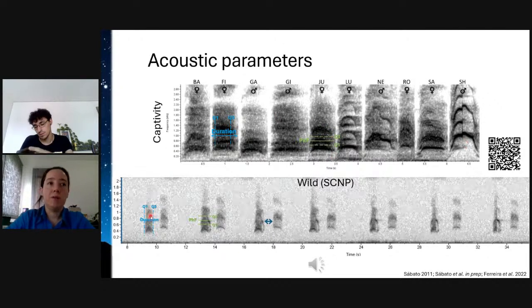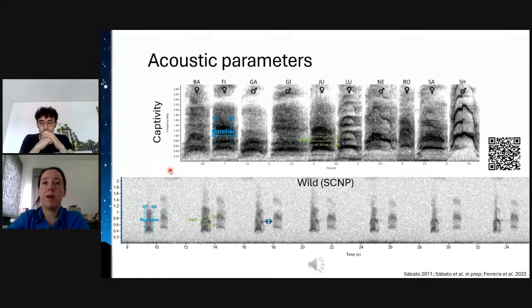And we did measure the difference between wild maned wolves that were interacting acoustically. Let me play for you so you can try to listen if you can notice some difference between the two maned wolves.